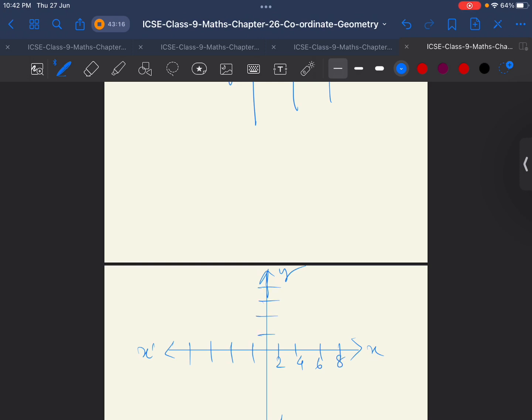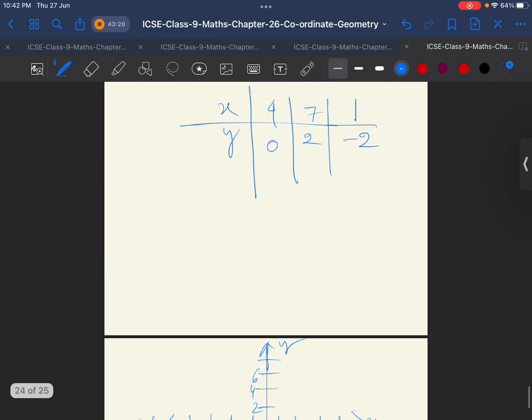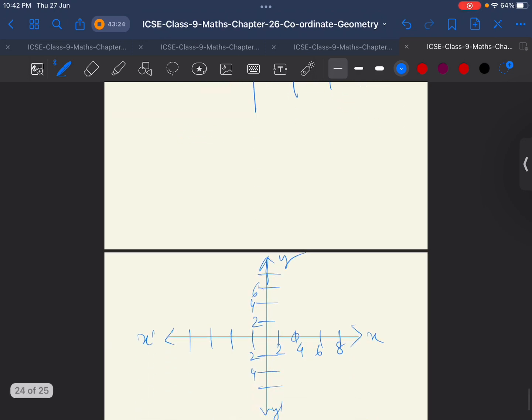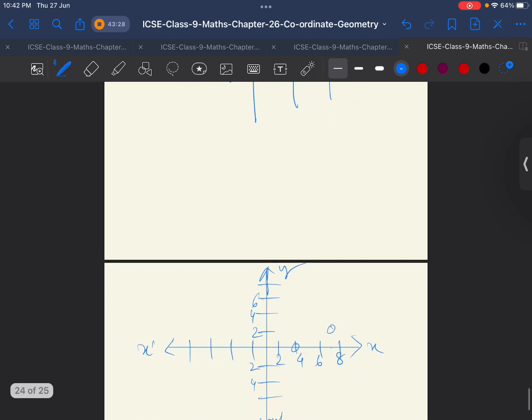Okay, the 4, 0 point is here and 7, 2 is here and 1, minus 2 is here.